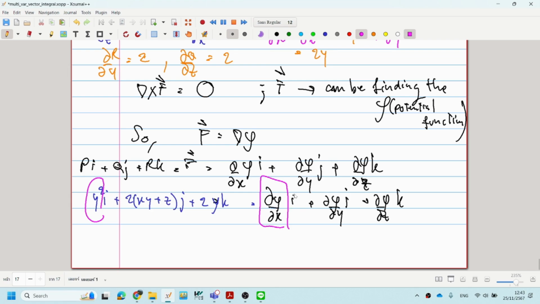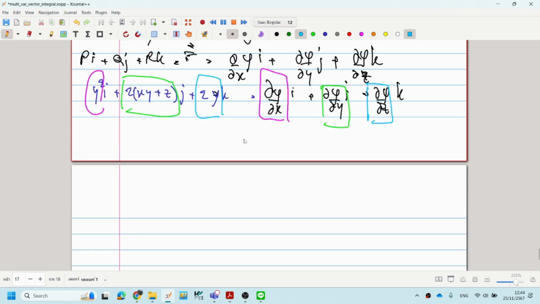Compare: y² equals ∂φ/∂x, and ∂φ/∂y equals the second term, the j component, and the k component on the right side equals the k component on the left side.